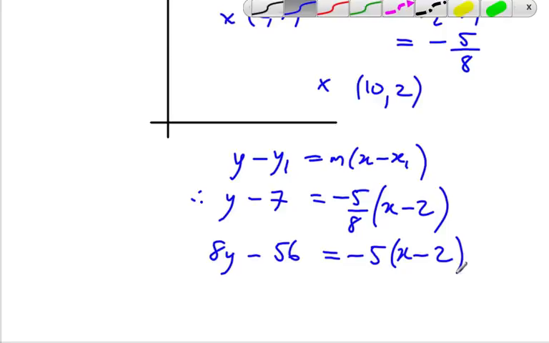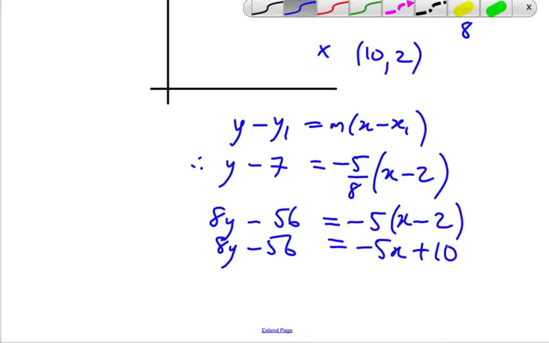I'm now going to expand the right-hand side. And then I'm going to have a look at this. Obviously that 8y minus 56 is also here. And now I'm just going to move everything to the left because it's convenient to move everything to the left because it's going to take my -5x and turn it into a plus.